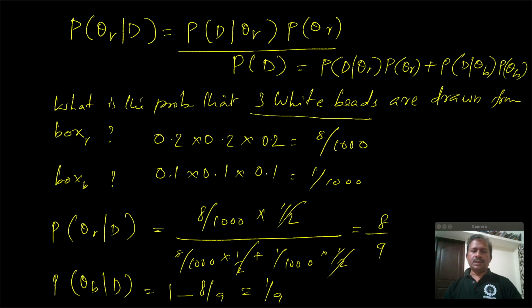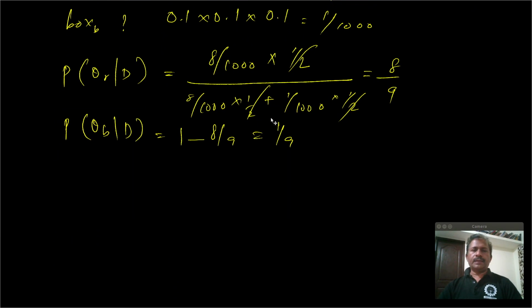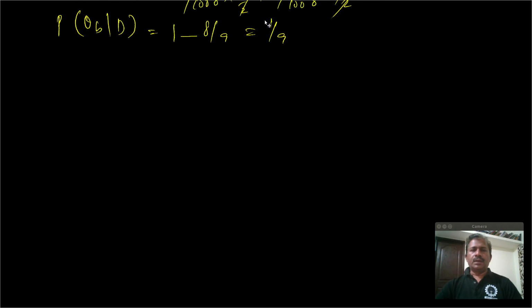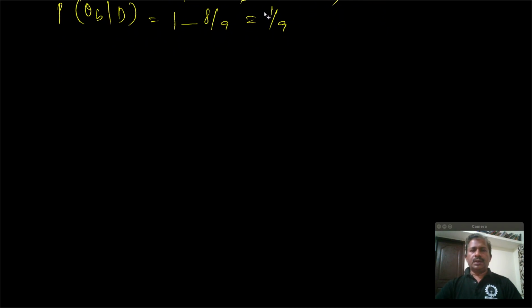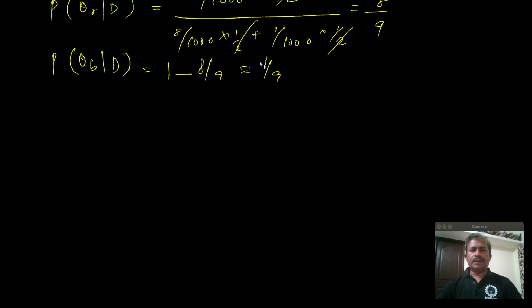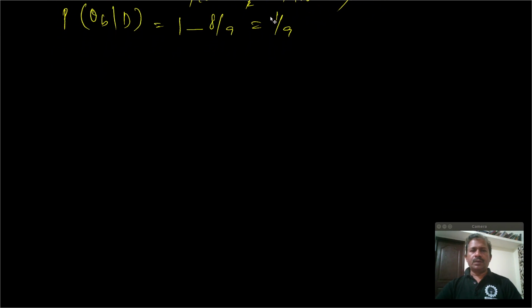So this is the probability associated with drawing 3 white beads in a row from the blue box, right? So this is how you compute the probability using Bayes theorem, right?